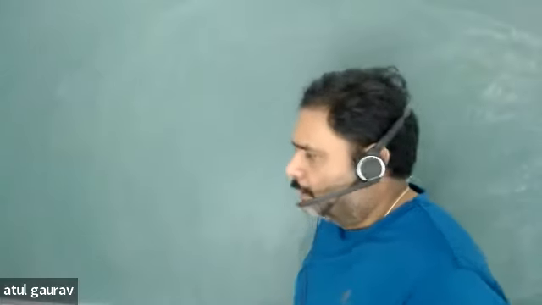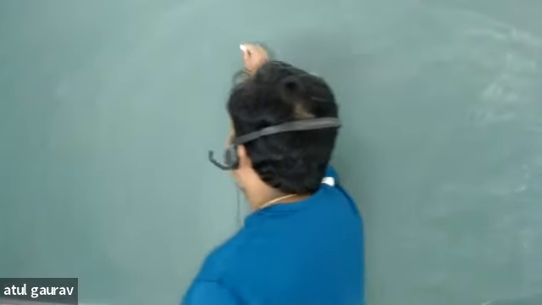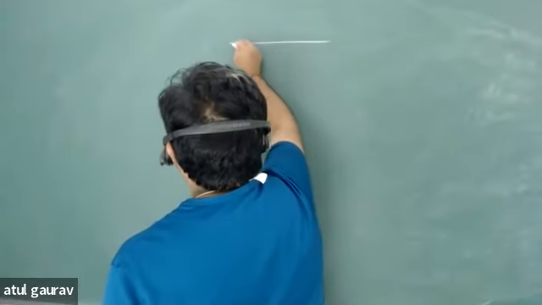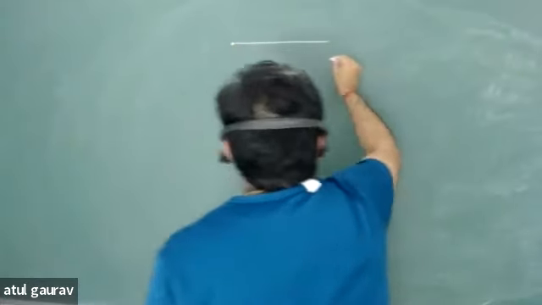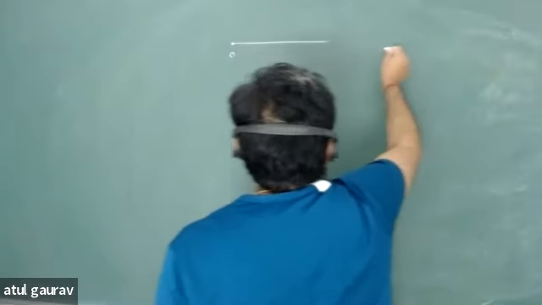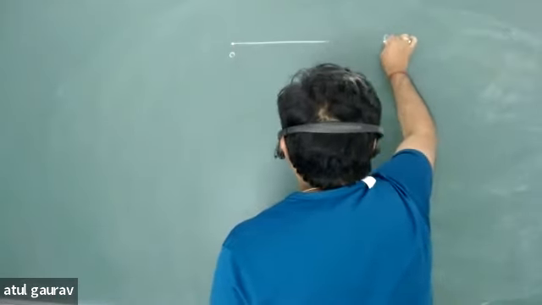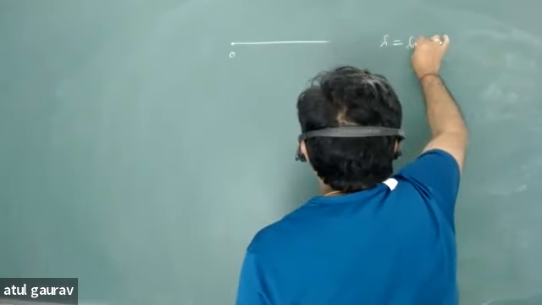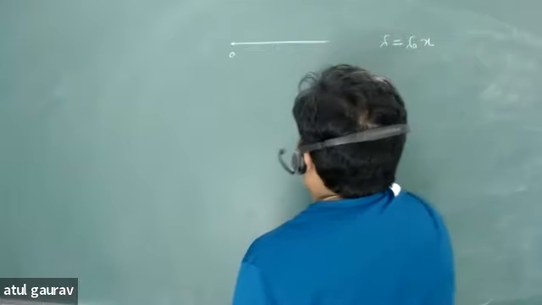Chalo. Let's try to go for this one. So this is the origin, and this is a linear rod, and here is my origin. And it is given the linear density is something lambda naught into x.